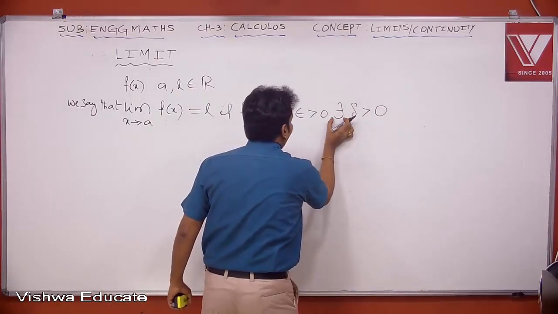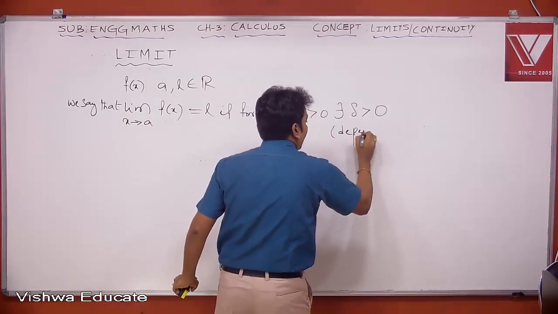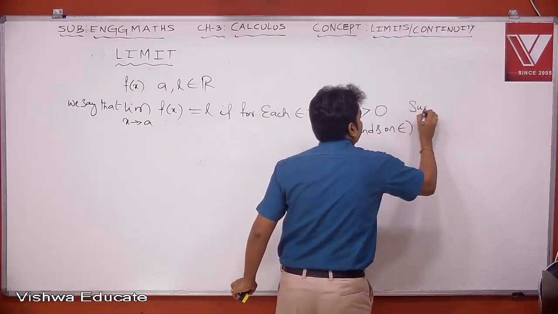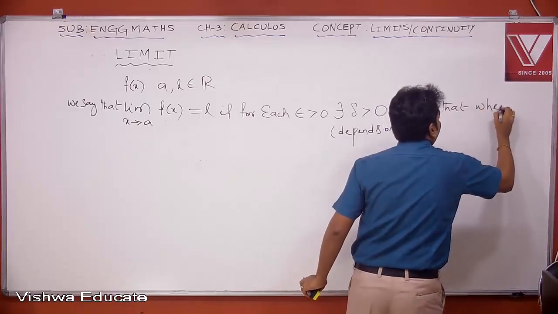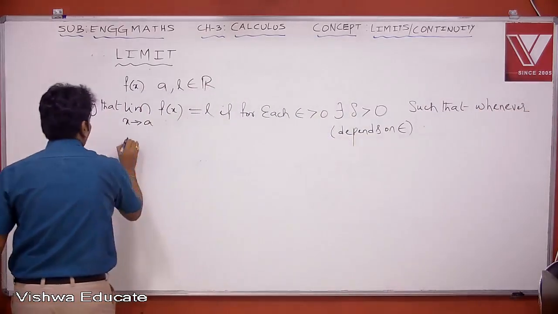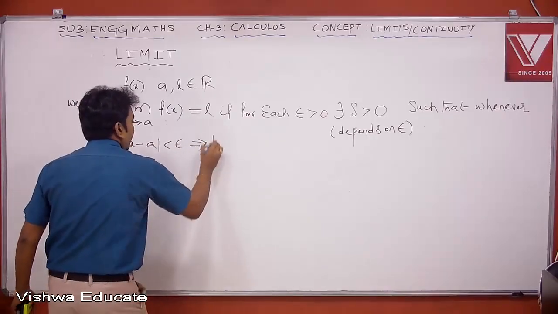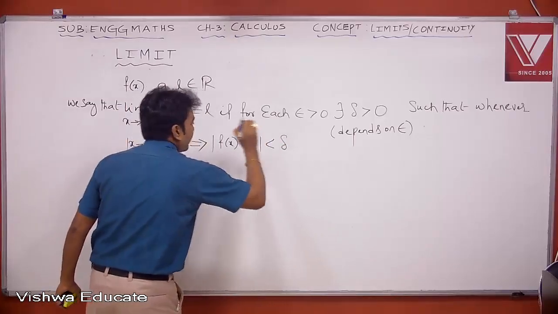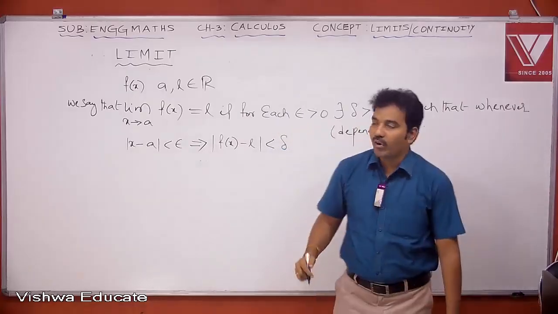Of course this delta value depends on epsilon, such that whenever modulus of x minus a less than epsilon implies modulus of f of x minus L less than delta. This is the basic definition of the limit of a function at a particular real number.